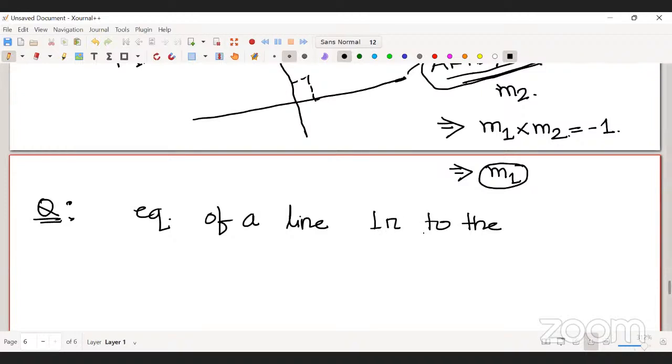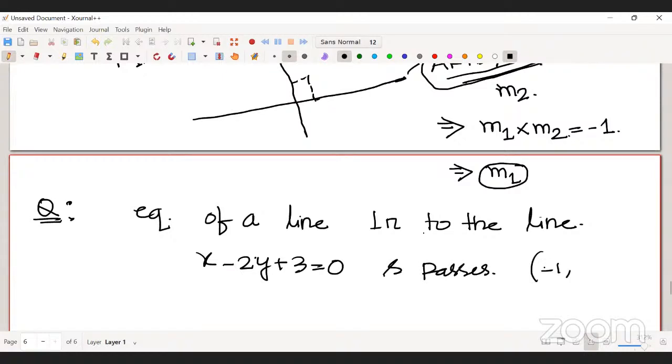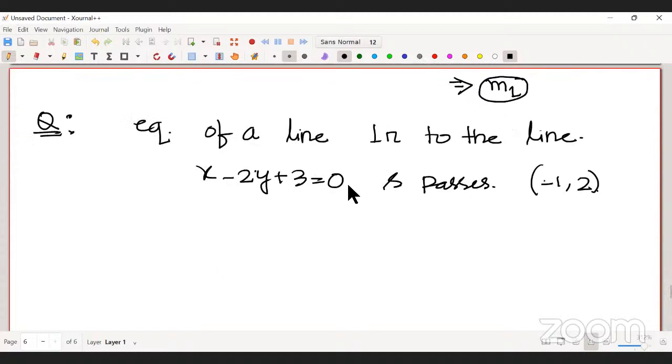Let me do an example. The line x minus 2y plus 3 equal to 0, and a line passes through minus 1 comma 2. We need to find the equation of a line which is perpendicular to this line, and that perpendicular line also passes through minus 1 comma 2.